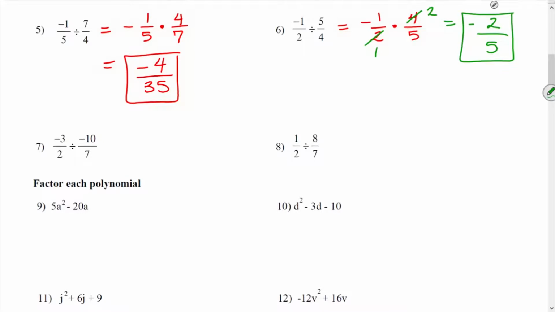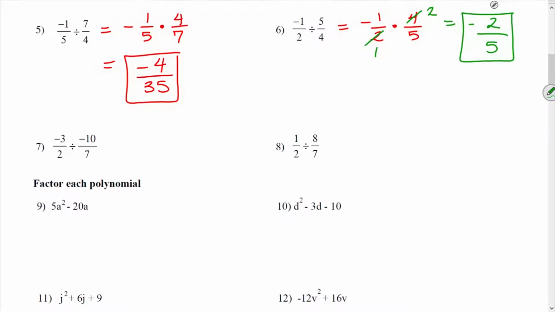Okay? So we'll do the exact same thing for rational expressions, where we will keep, change, flip, anything we're dividing. I will cross cancel by canceling common factors and then multiply through.